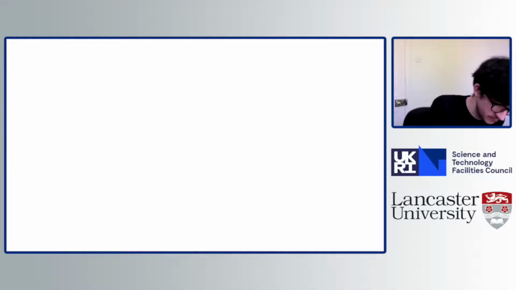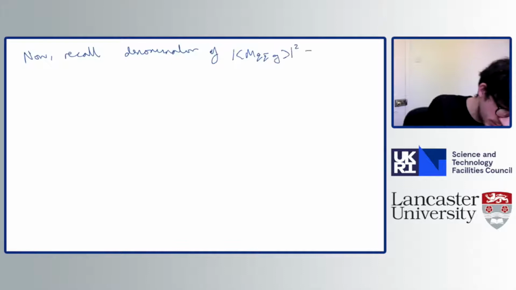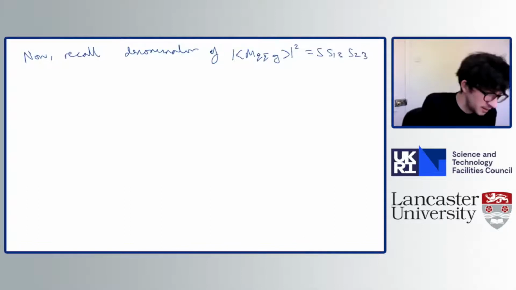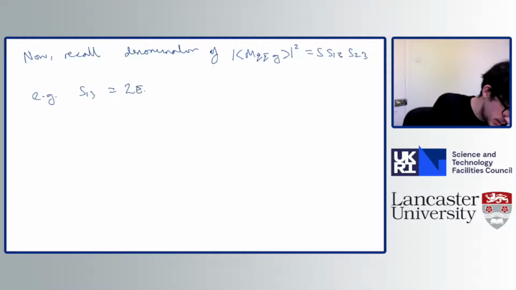Recall that the denominator of M_q q-bar gluon is equal to s13 s23, and e.g. s13 is equal to 2 E1 E3 minus 2 p1 dot p3.